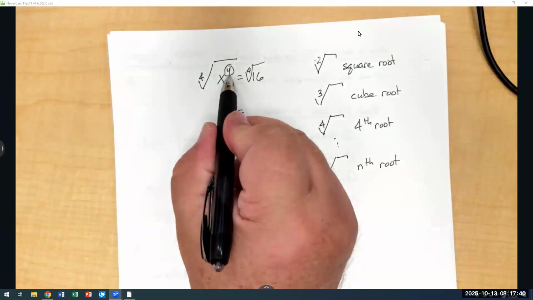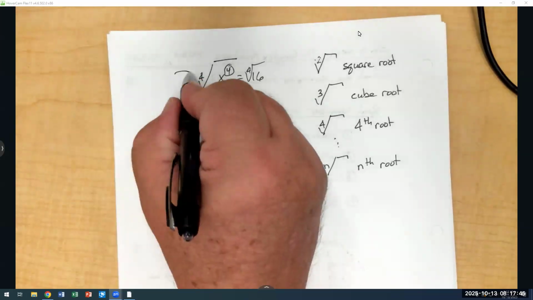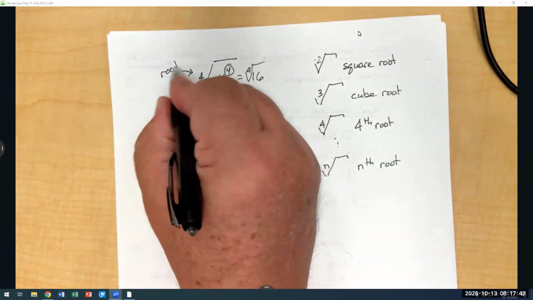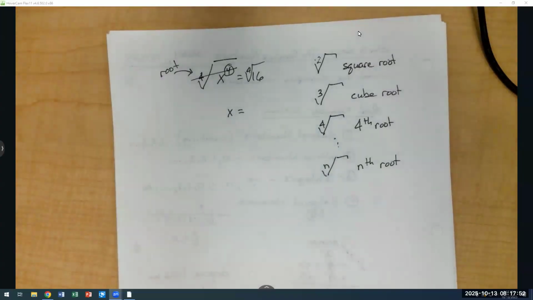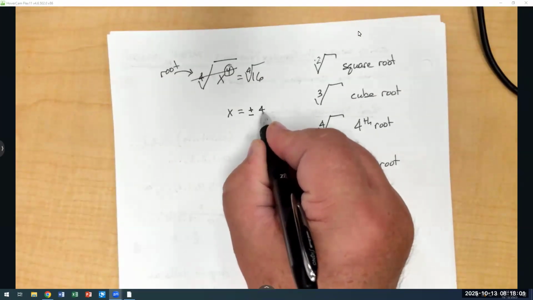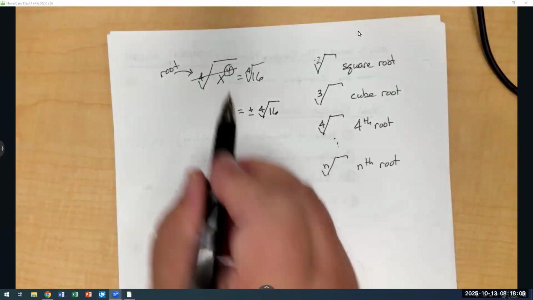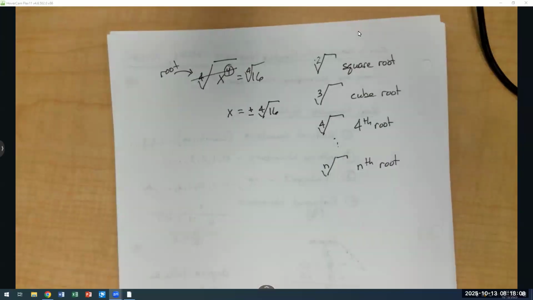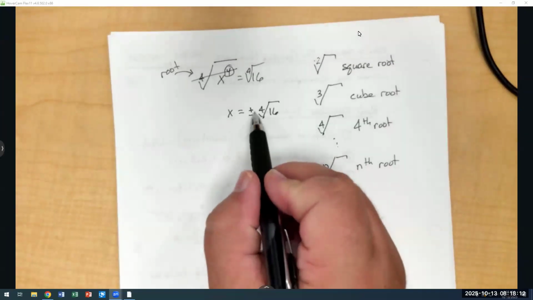So whatever your exponent is, you have to make sure that the root, this number here is called the root, is the same because they cancel out. So the answer is plus or minus the 4th root of 16. Why do I put plus or minus? Because this root is even. Whenever the exponent is even, your answer is going to be plus or minus.